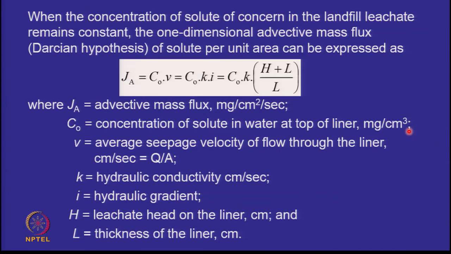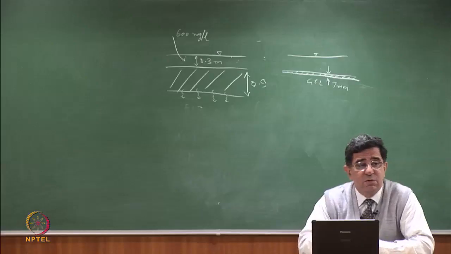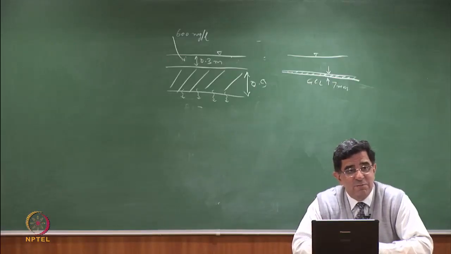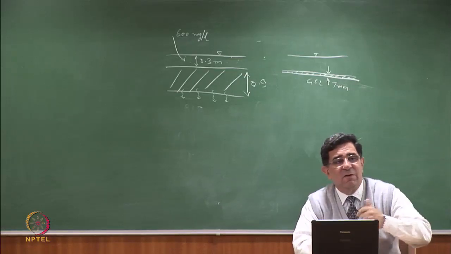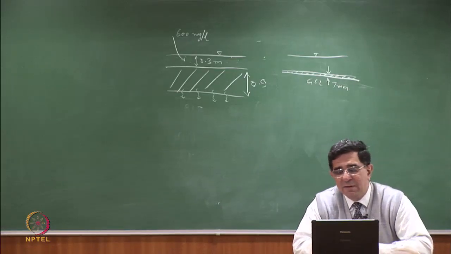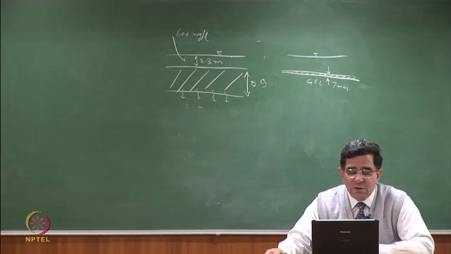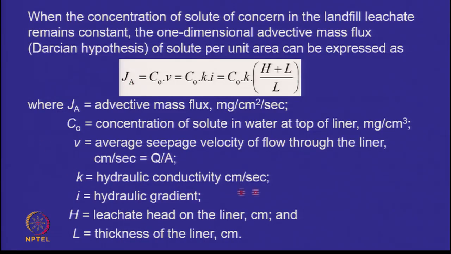In our case, I have given you the value which is normally we use in the Indian standards in terms of milligram per liter, because that works out like parts per million. So using these concentrations, you can compute the Ja both in the compacted clay liner and in the GCL. So compute the advective mass flux using this formula.